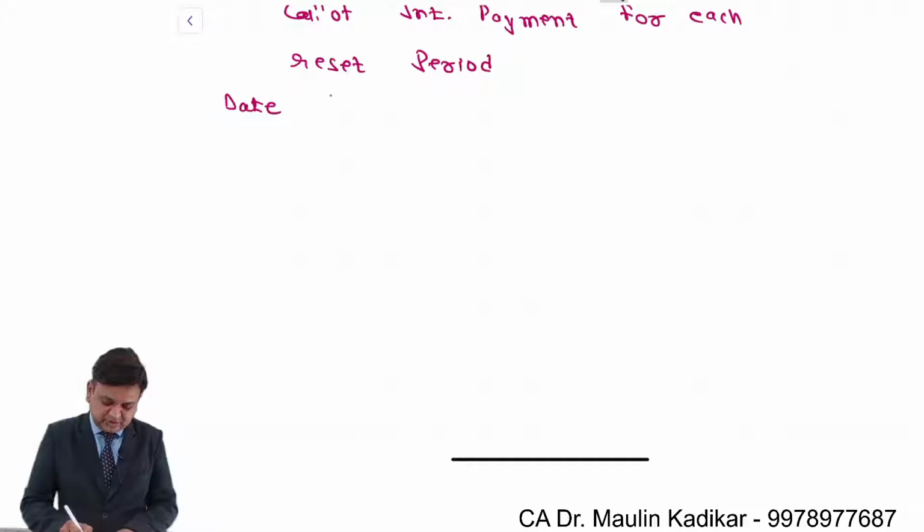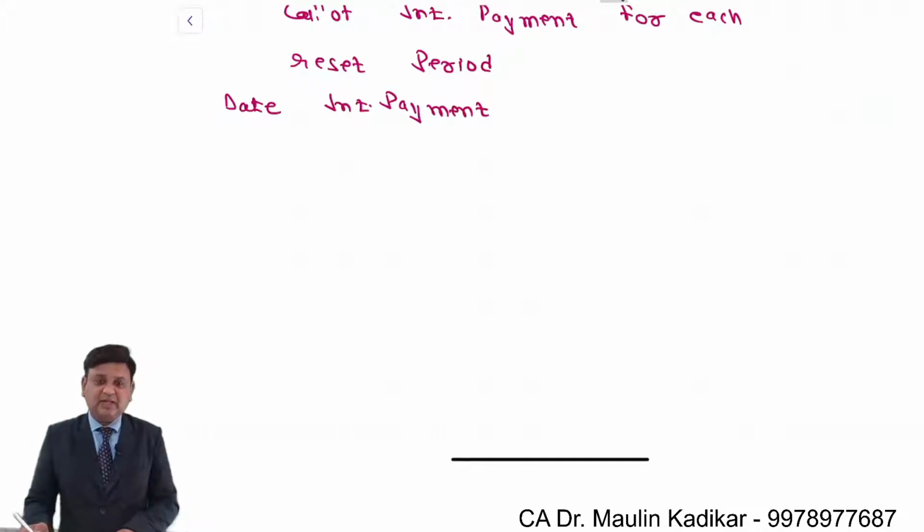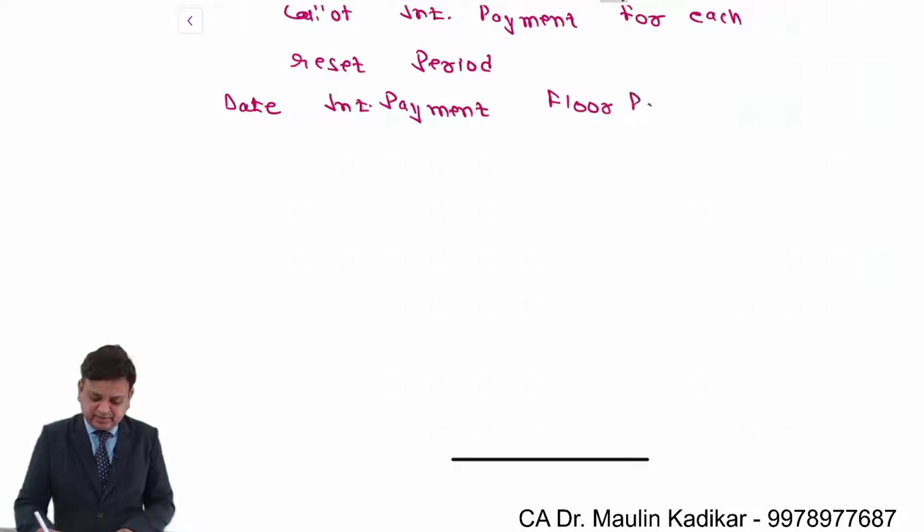Column number 2 is interest payment. Then there may be cap payment, but it is not there. So cap receipt, it is not there, so it is floor payment, and that is where the effective cost is there.